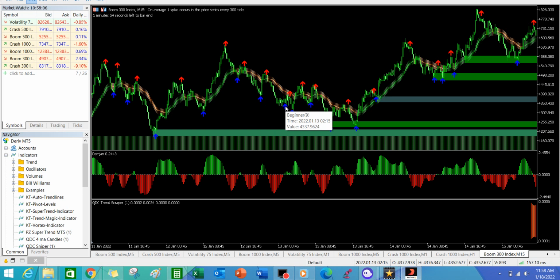But remember, the first thing you should look out for is the trend signal. Is the trend signal in support of the trading signal on the main chart? If both of them are in support of each other, then you can go with it. But if it is in the opposite direction, I won't advise you to go with it, because if the trading signal is not in support of the trend signal, then it might not be a very strong signal at that particular point.